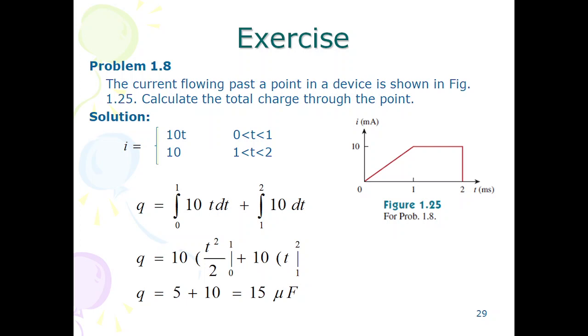The integral of t is t square by 2, then we have to put upper limit minus lower limit. Then we take 10 outside the integral, and the integral of dt is equal to t, upper limit minus lower limit, and the answer is 15 microcoulomb.